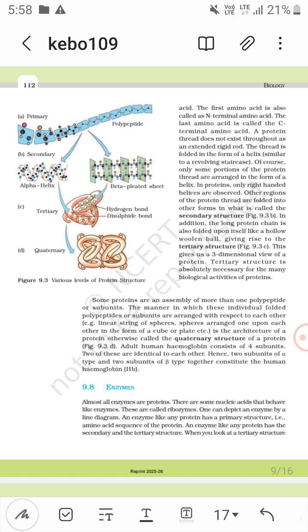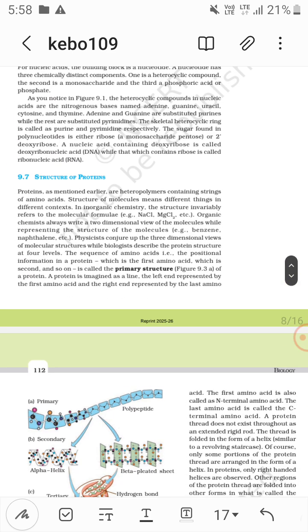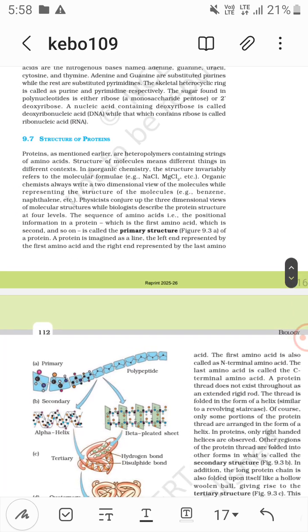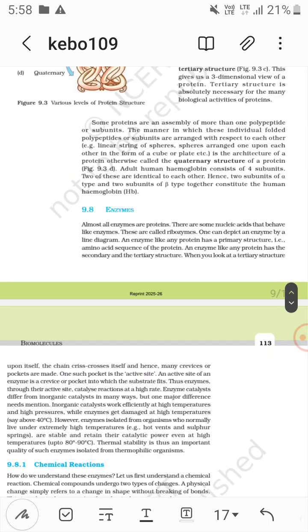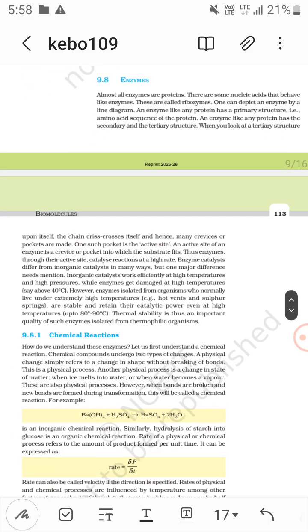They have the first amino acid, that is the N terminal, and the last amino acid, that is the C terminal. So this is it. You see the left end is non-reducing, and the right end is reducing. So this is it. And then there are enzymes. Now what about the enzymes?